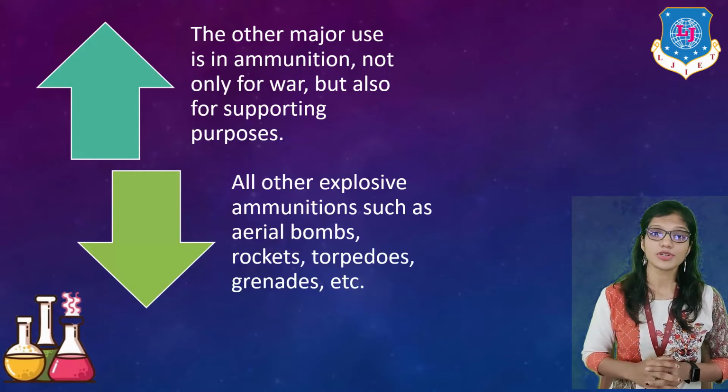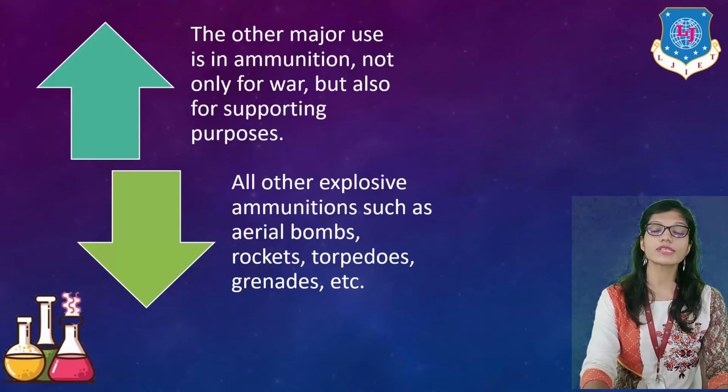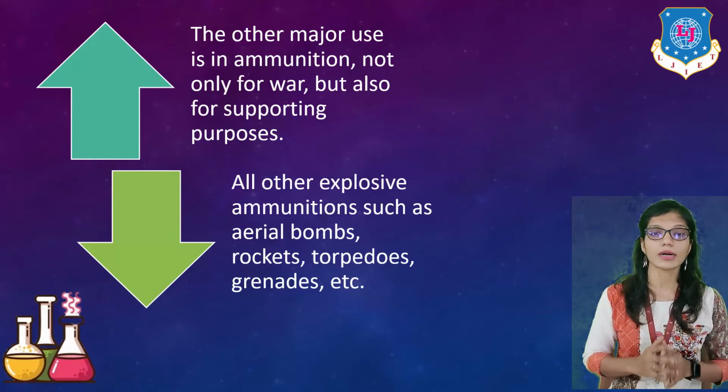The other major use is in ammunition, not only for war but also for supporting purposes. All other explosive ammunition such as aerial bombs, rockets, torpedoes, grenades, etc. So you can see that ammunition involves various things like certain types of bullets, certain types of projectiles.